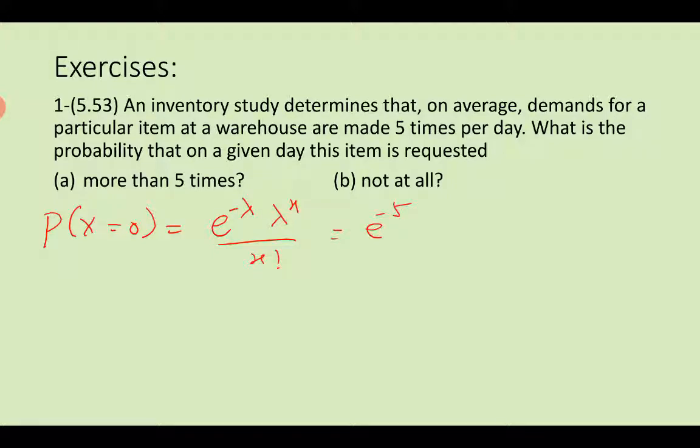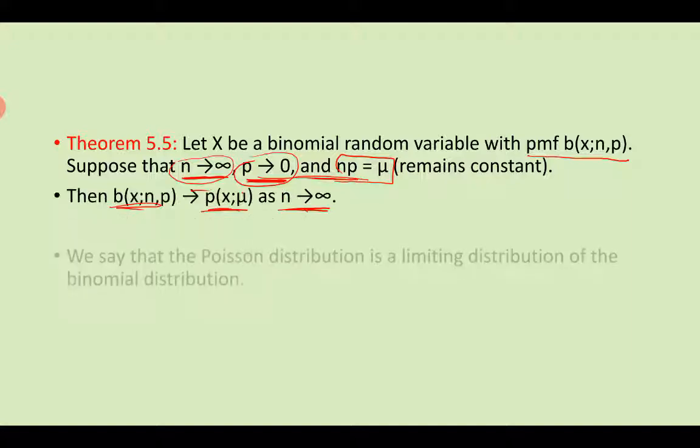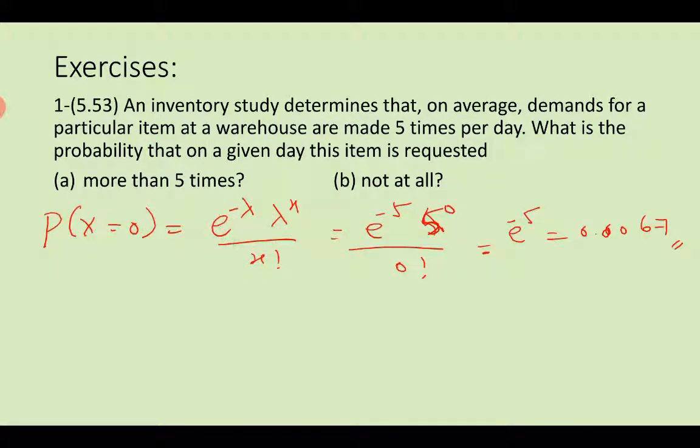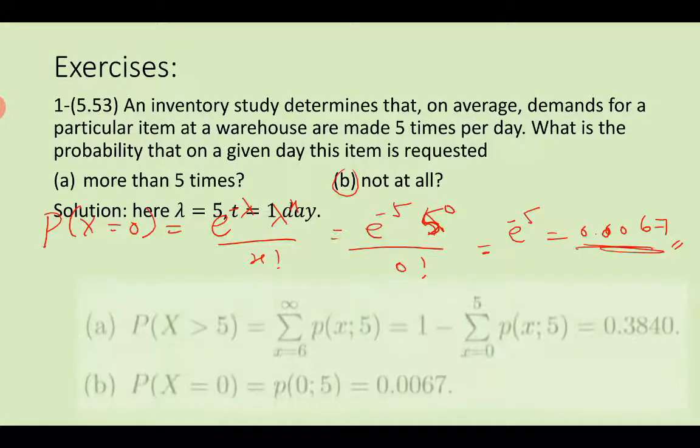X is 0, e raised to minus 5, lambda is 5, 5 power 0 divided by 0 factorial. 5 power 0 is 1, 0 factorial is 1, which is 0.0067. So you can use this result in the previous slide. So e power minus 5 is 0.0067. Part B is done. Let's go for the next problem.